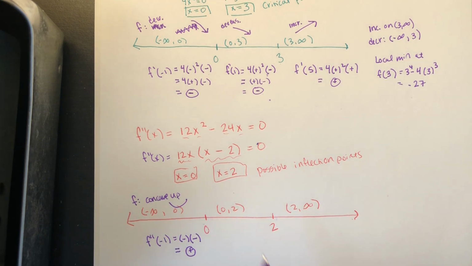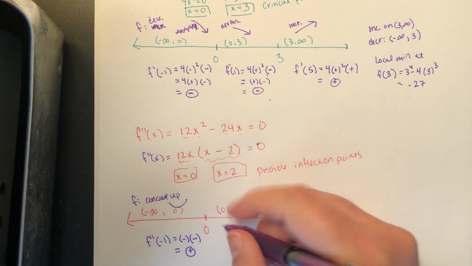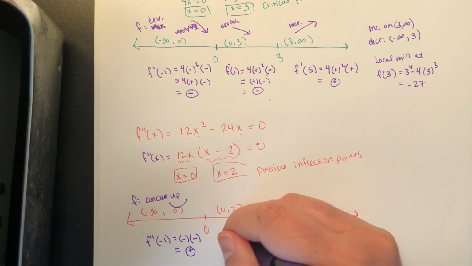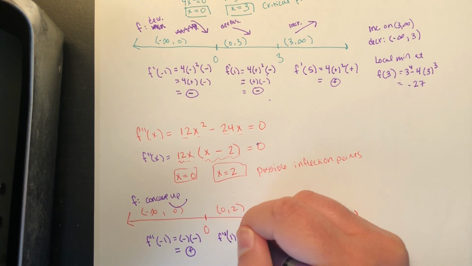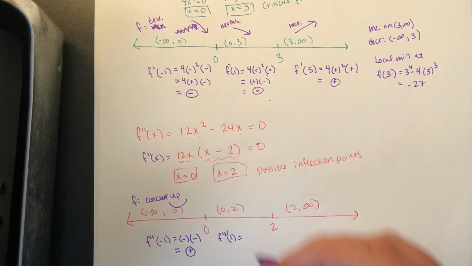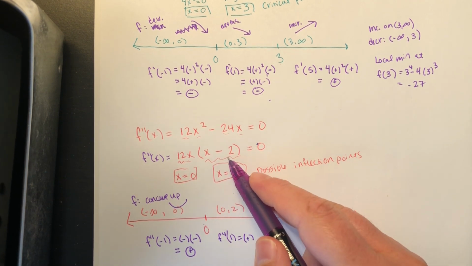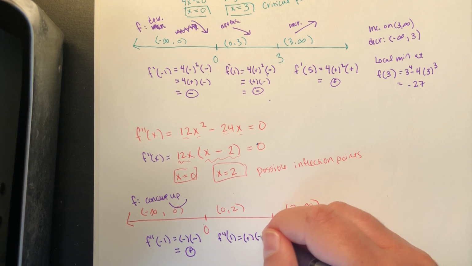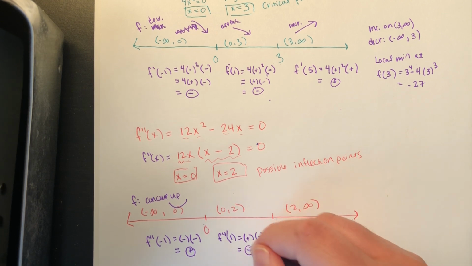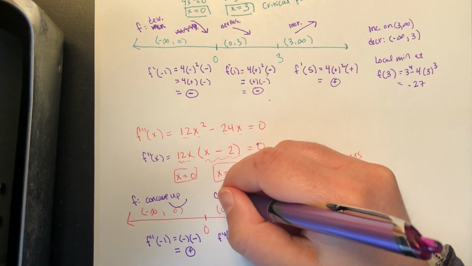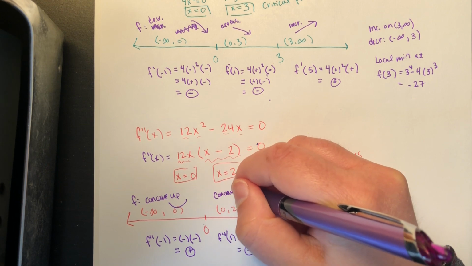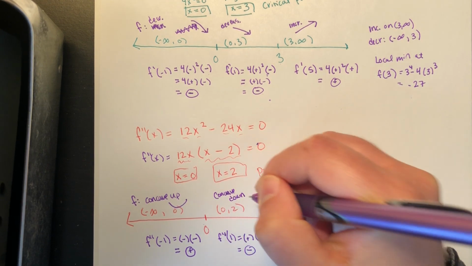Positive means concave up. Now let's plug in something between 0 and 2 into the second derivative function. If I plug in, let's say x equals 1, I'm going to get 12 times 1 is positive, but 1 minus 2 is negative. Positive times a negative is negative overall, so f is going to be concave down on the second interval.